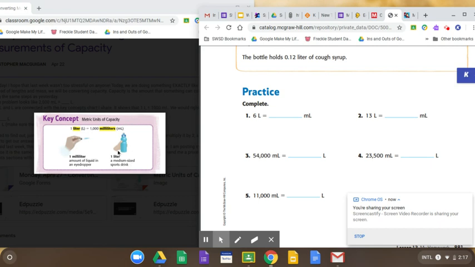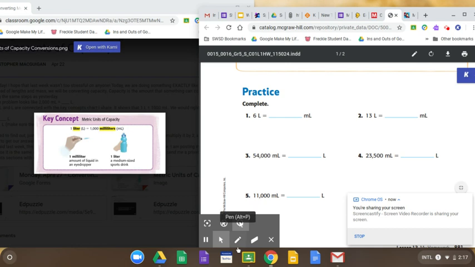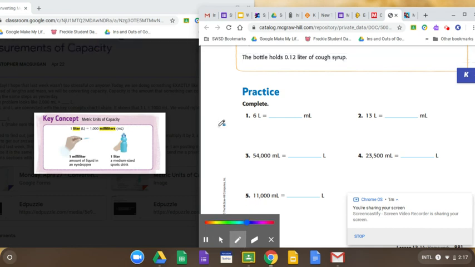So I'm going to show you just the way we've been doing it, and then kind of show you how to check it. So 6 liters goes over top of 1. I'm going to put a multiplication sign, and then we're putting our conversion.